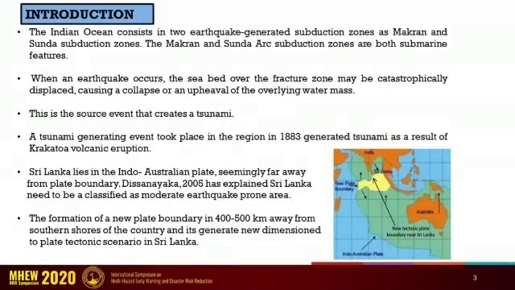Sri Lanka lies in the Indo-Australian plate and seems to be far away from the plate boundary. According to Dissanayake in 2005, Sri Lanka needs to be classified as a moderate earthquake-prone area because of the formation of a new plate boundary close to the southern coastal area, 400-500 kilometers away from Sri Lanka.